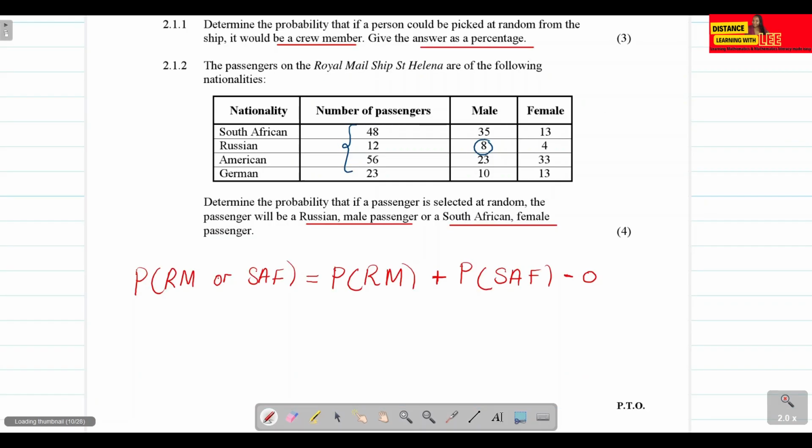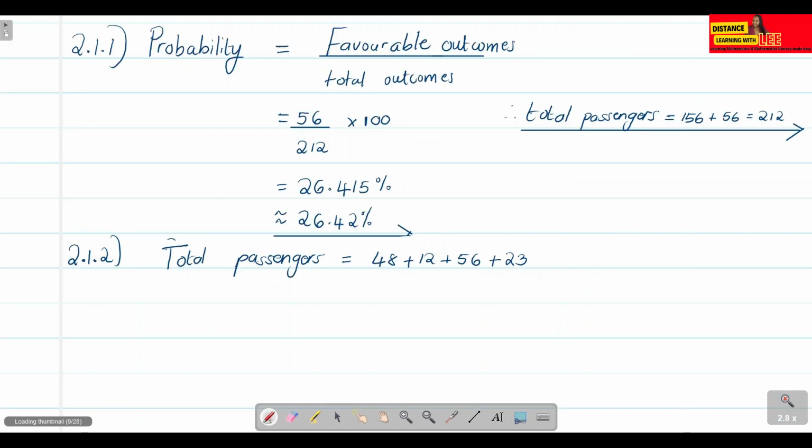We've added up all these values that are given to us here, and you'll find that the total number of passengers is equal to 139 passengers.